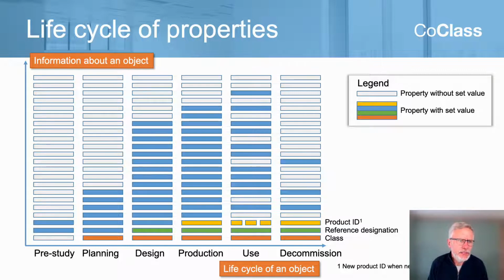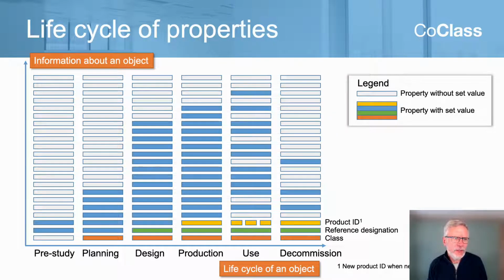In production, you need different properties from in the use, for instance, and in the decommissioning. In the decommissioning, you still perhaps want to know the material, but how it was produced and so on is of less importance. And one property that is very consistent is the class of the object.